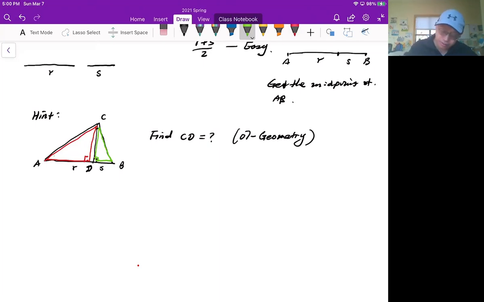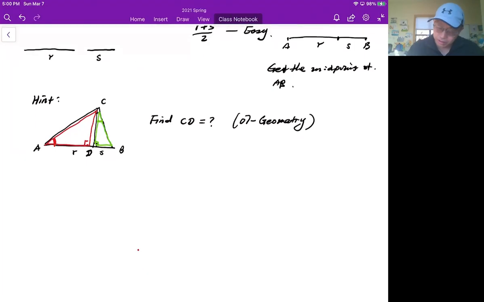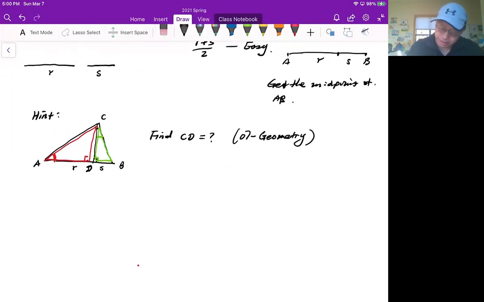Can I prove this guy is equal to that guy here? Let's see. Put it back here. Can I prove this guy is equal to that guy? The two angles are the same angle. Why? So this is because angle A is 90 degrees minus angle 1.